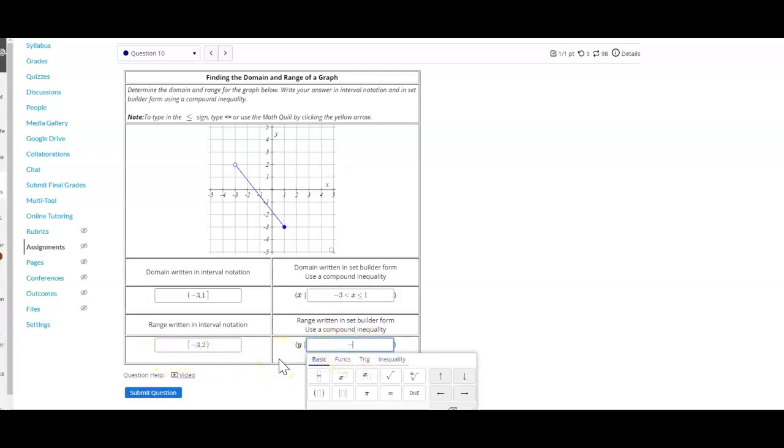So I'll say -3. I have a question. Yeah, you bet. So why is it 2 instead of 1 when 2 would just be less than? So it's not less than or equal to? Yeah, so do you see that there's still all of these values between 1 and 2?